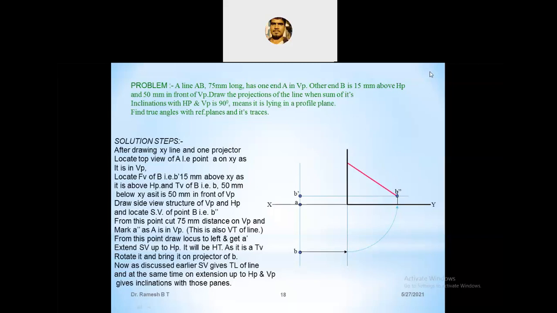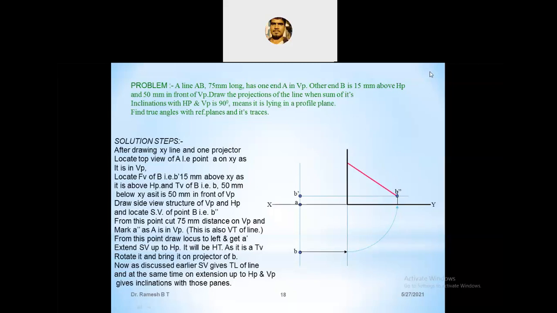The line has ends A and B, and its end A is in VP, so that A is on the XY line, or VP means the XY line.